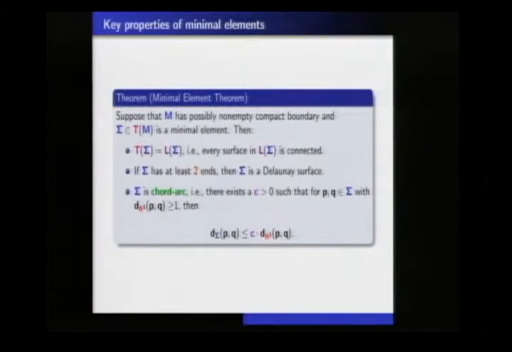So, if you think about why, this is really nothing more than this statement. If this were to fail, then you could make an L of M with more than one component. So if the points were far away from each other intrinsically, but close in space, then by taking such points, I could make two different surfaces.